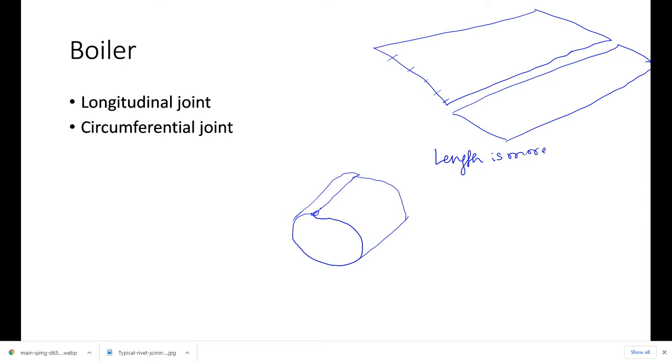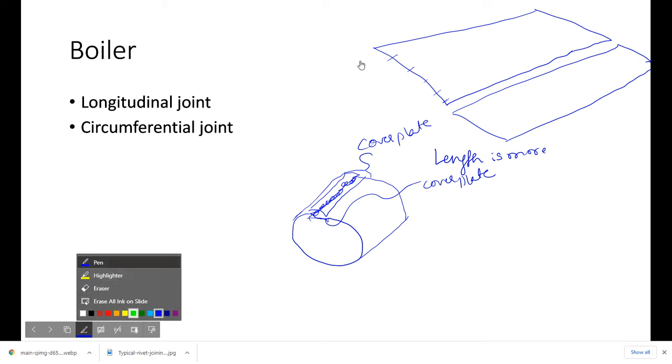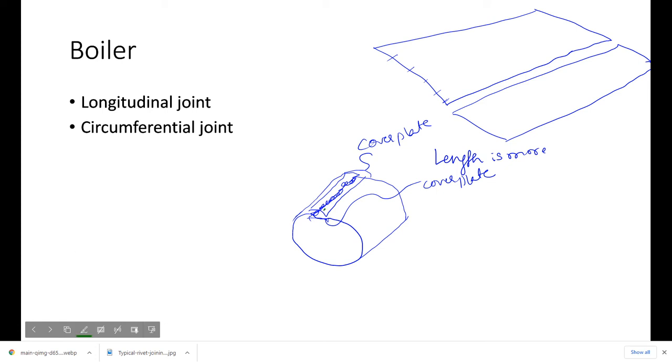These are the edges which are to be joined. How is the connection made? To connect these two ends, they provide one cover plate. Sometimes, if necessary, they provide one more cover plate here. Then riveting is done on this joint.